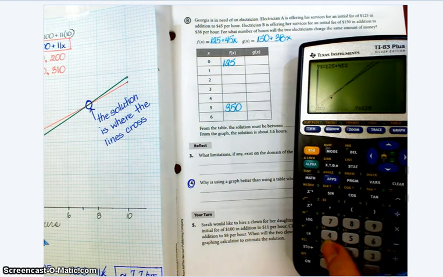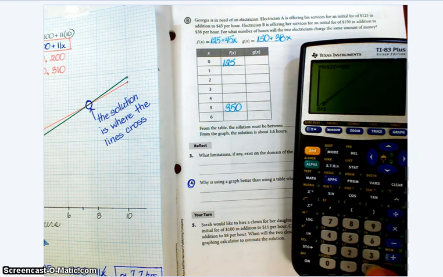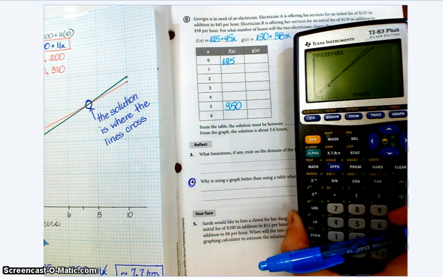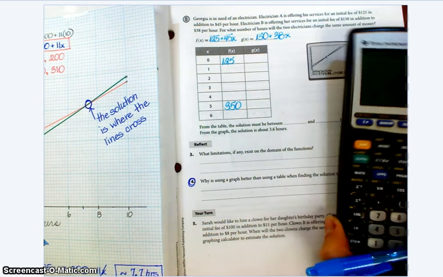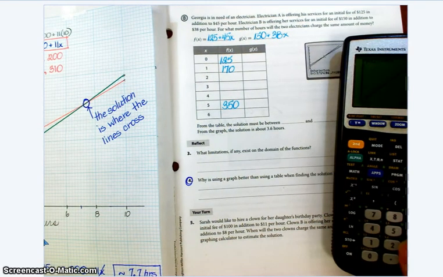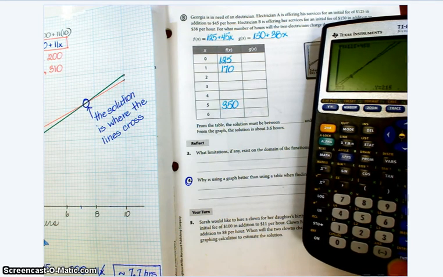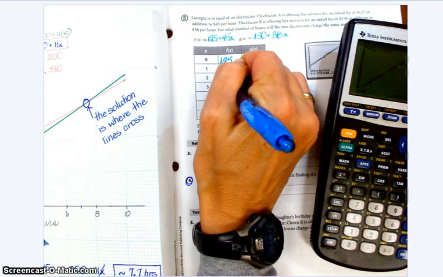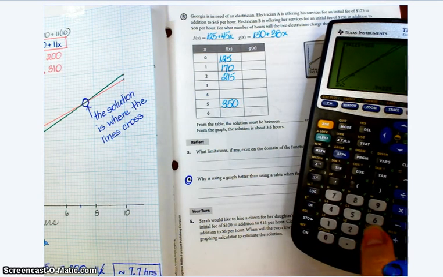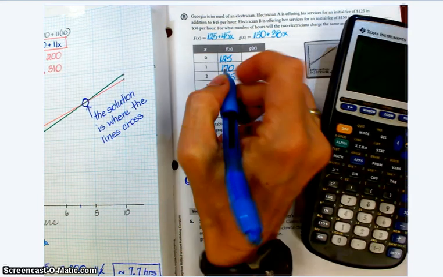I can put in 1 for x. Hit enter. Trying to get to where the glare is not too bad. Okay, 1, and then the y value is 170 with that. X value of 2, enter. Y value 215. X value 3, y value 260.